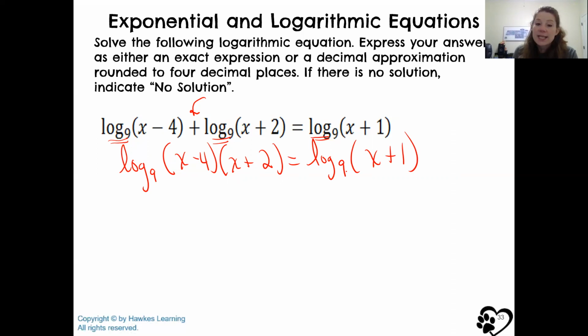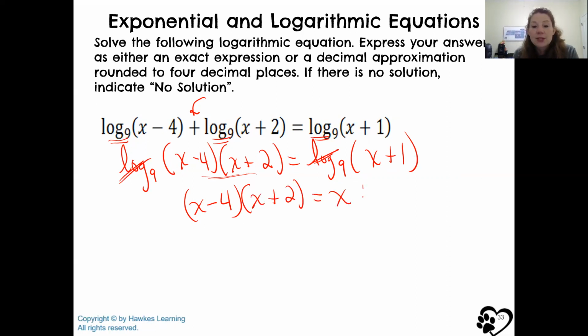All right, what I was trying to say is if we see log base 9 of all of this is equal to log base 9 of this, that means we get to cancel out log base 9. That means that these two expressions are equal to each other. So we get to get rid of log base 9 completely. Let's cancel it out.